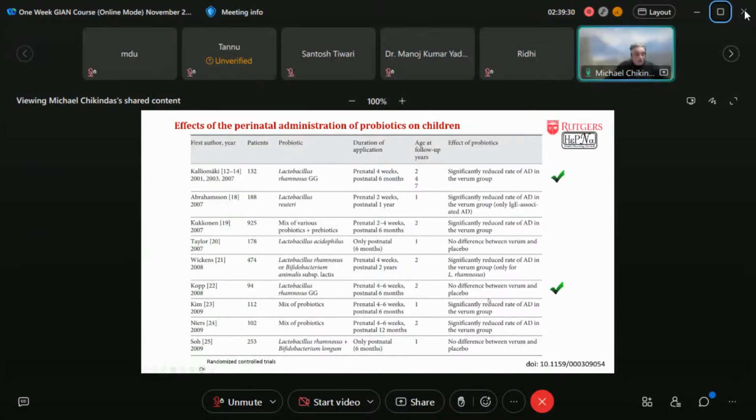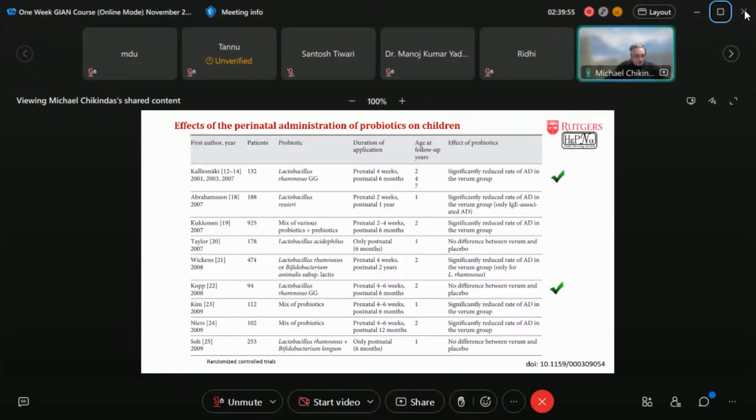And then another study, the same LGG, prenatal 4 to 6 weeks, postnatal 6 months. It's about the same scenario, and follow-up again 2 years. So these we have good results, but with LGG prenatal 4-6, postnatal 6, no differences between the experimental and the control. I don't know why.